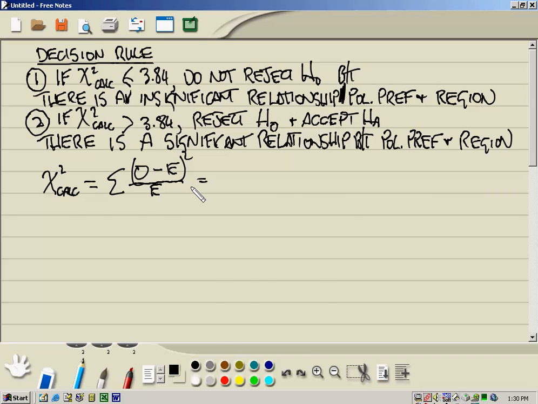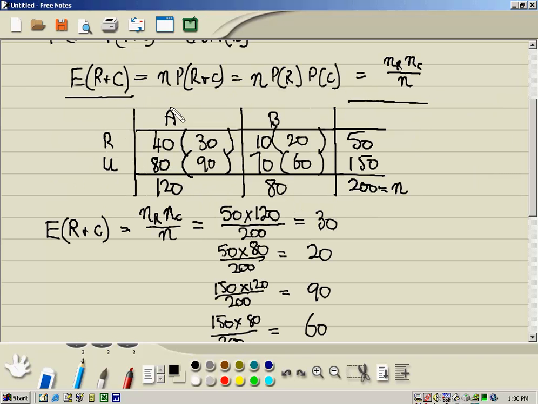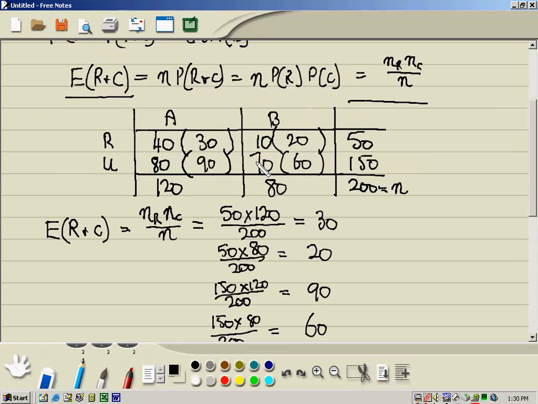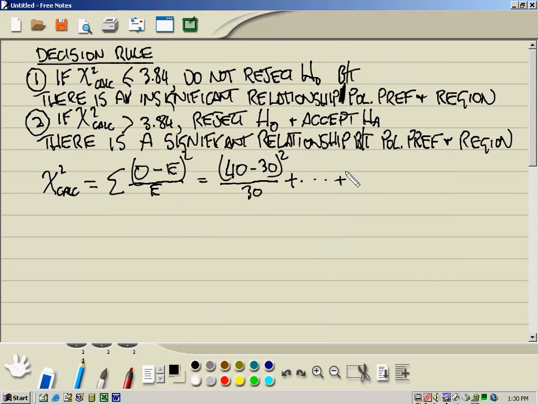So we do that for each cell. The first cell, 40 minus the expected of 30 squared divided by 30. Even though we do them all there's no need to write them all down. And I'll go plus dot dot dot down to the end, in which case we'll have 70 minus 60 squared divided by 60.